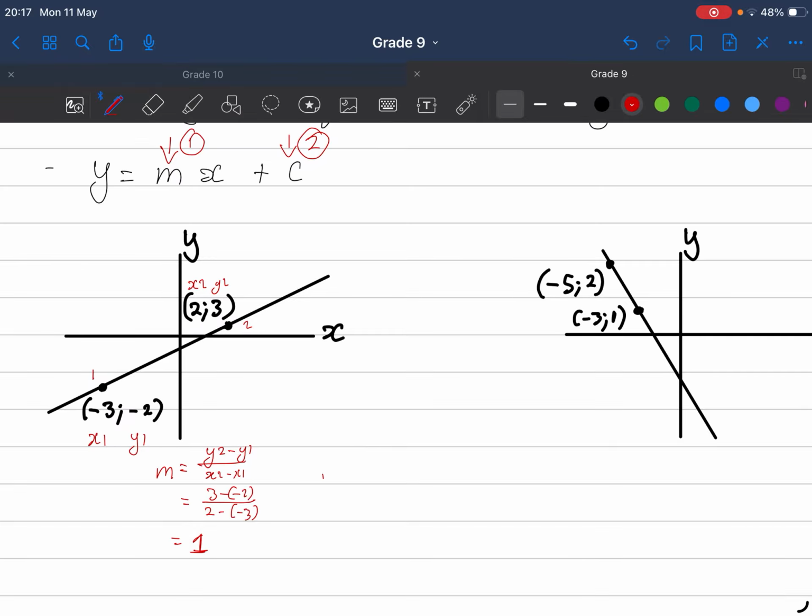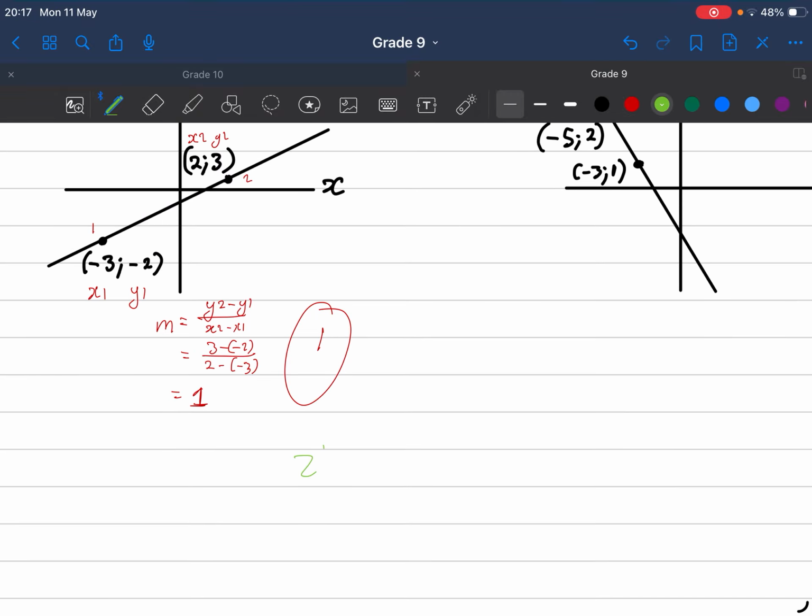That's the first step. Step 2 is write my equation down, mx plus c, and sub this value for m. So y is equal to 1x plus c.